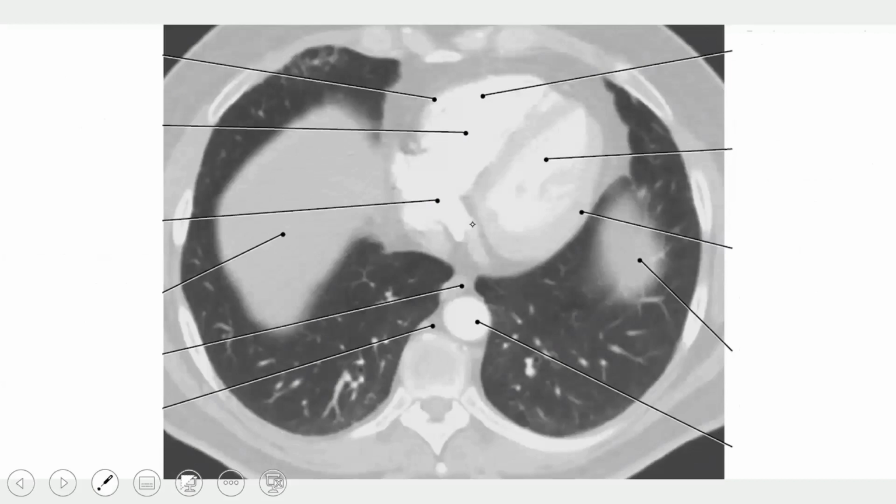Okay, what about this? Can you guess what this is? What's this one? Descending aorta, good. Okay, so can you guess what this is? This area?